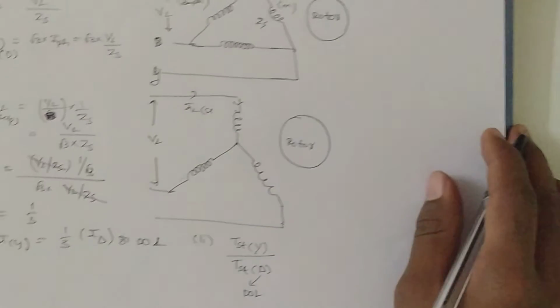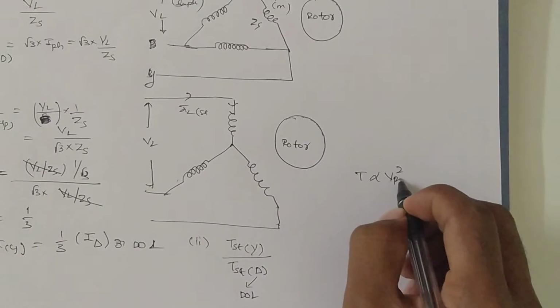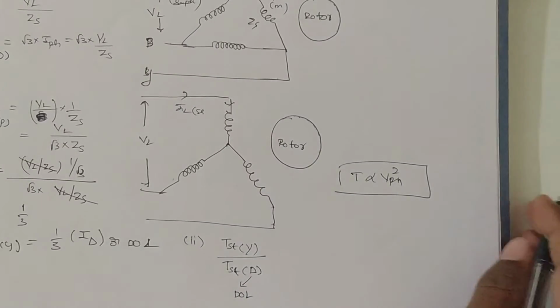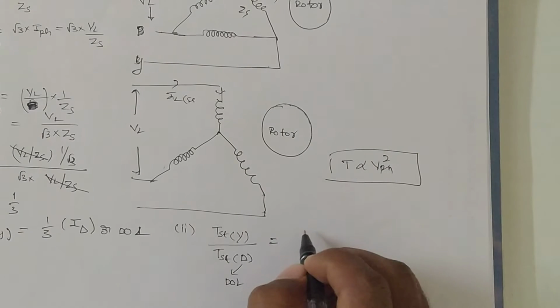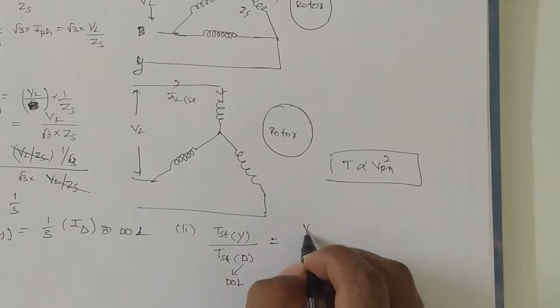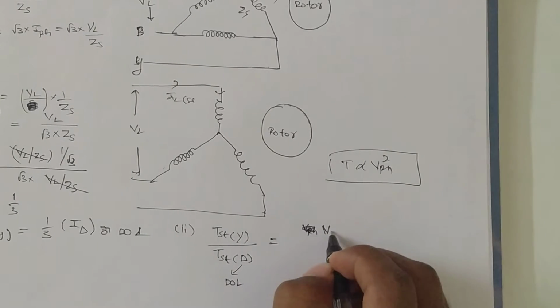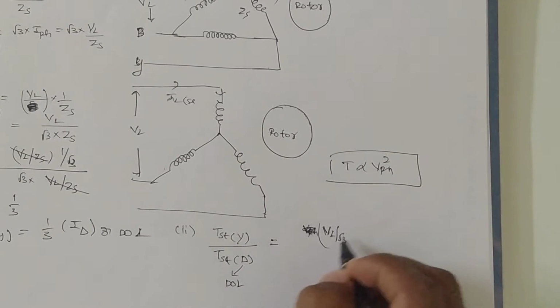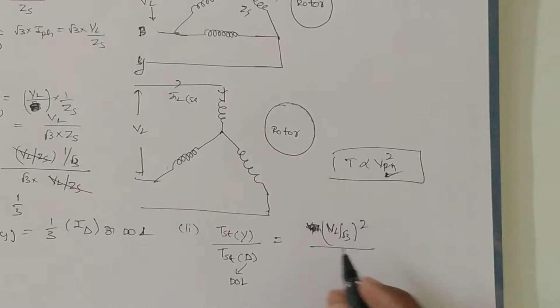As you know, starting torque is proportional to voltage square, V phase square. So what is the starting voltage in the star? That is V L by root 3, whole square, divided by the phase voltage. You have to take the phase voltage.